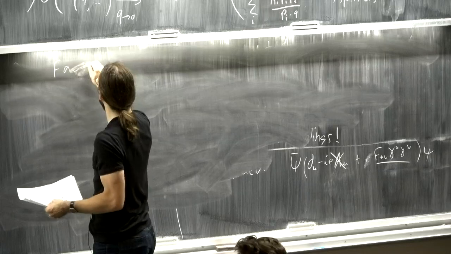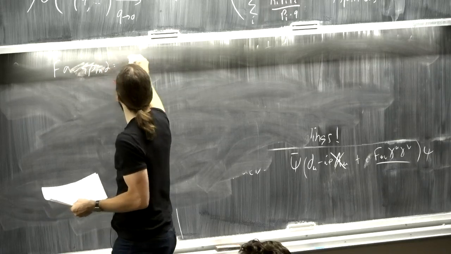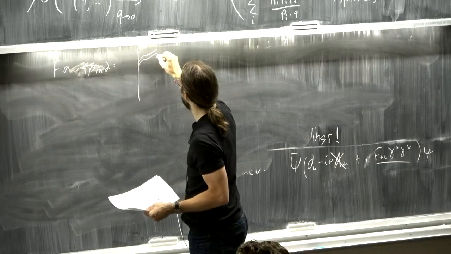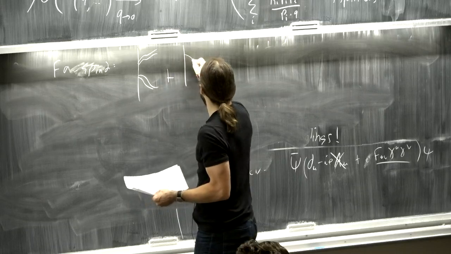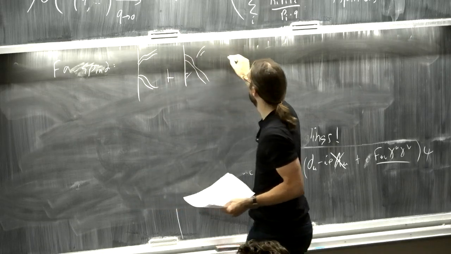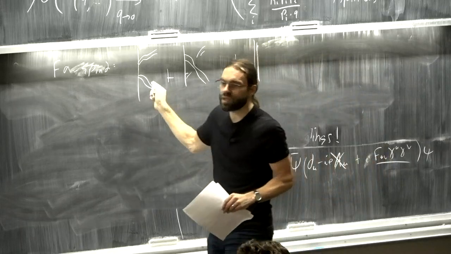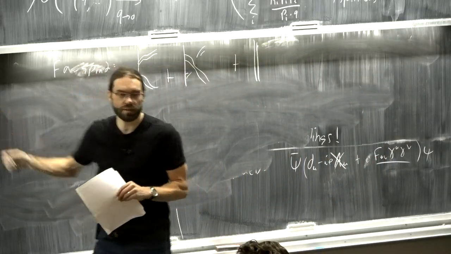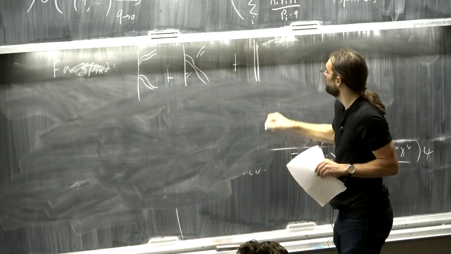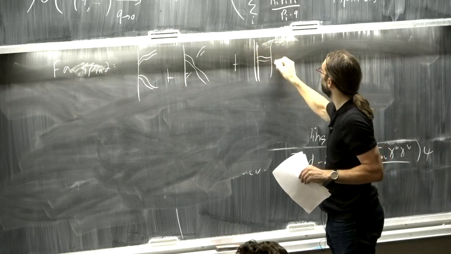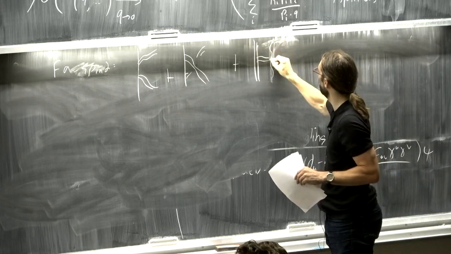So if you have matter and you couple the graviton to it, you have these graphs. And in order for the amplitude to be orthogonal to q^mu and decouple this null state, you need this graviton self-interaction.